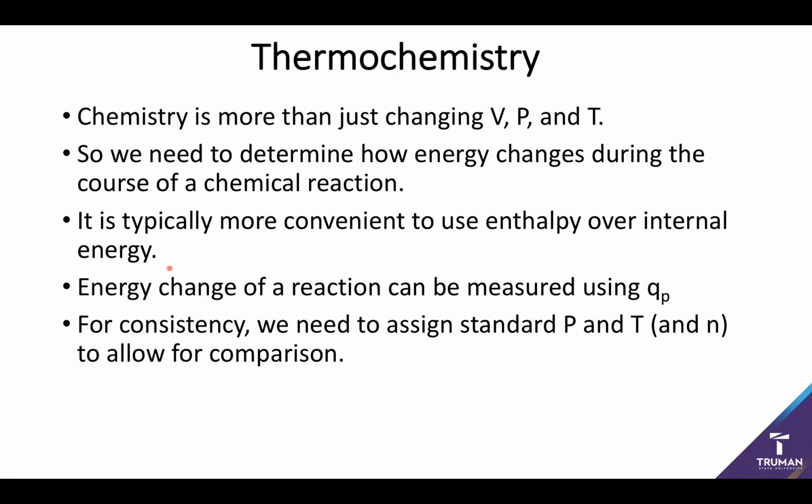And so one of the biggest things we're going to need to start with is simply try and figure out what our standard conditions are. Because as we've pretty much spent the last couple lectures talking about, turns out our internal energy changes a lot based on volume, pressure, and temperature. So if I'm looking at enthalpy, it means I need to have a constant reference pressure and temperature because my enthalpy will change if I change either of these parameters.